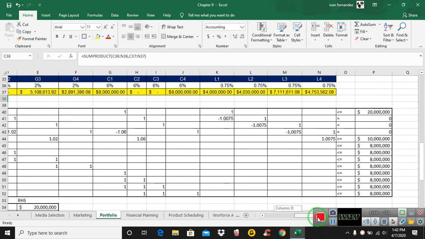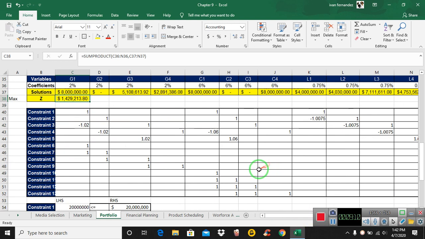Understanding that you need to have 10 million at the end of the fifth month, which combines any earnings plus any money that you have locked in the bonds and so forth. Okay, so that's the problem.